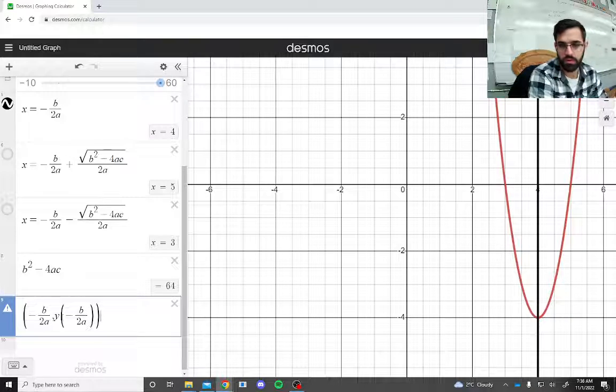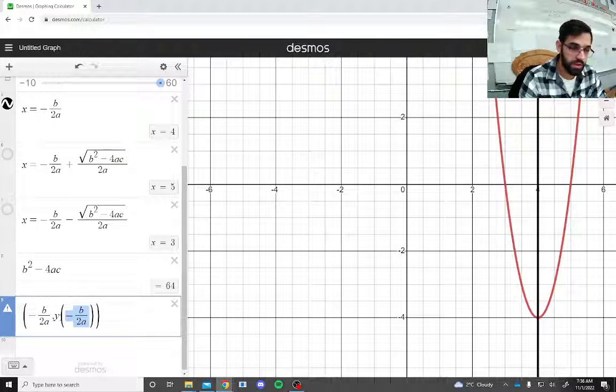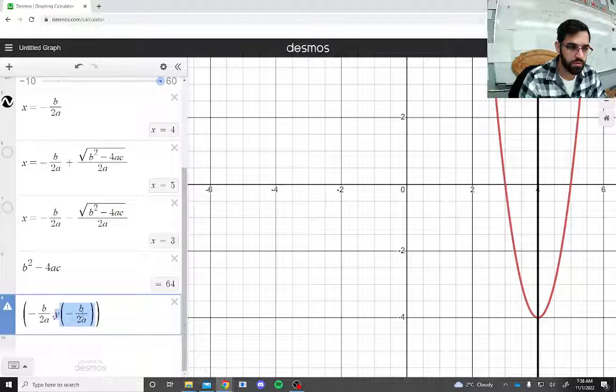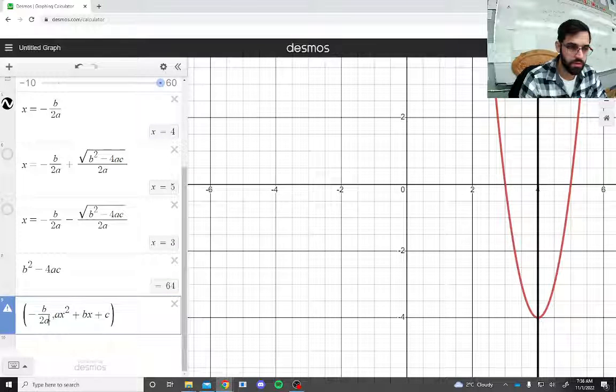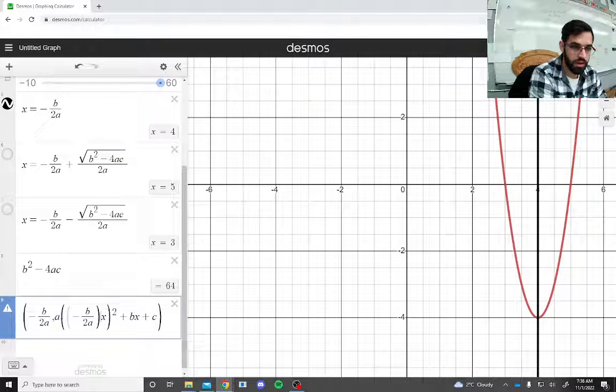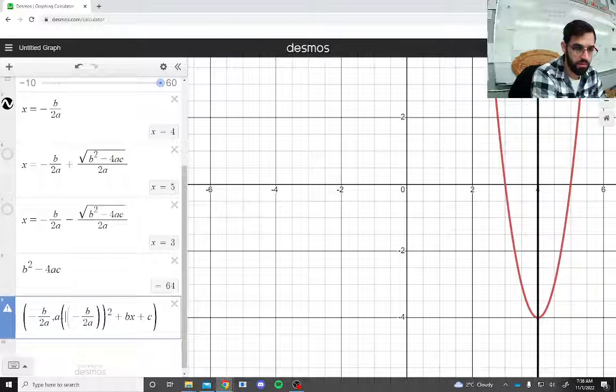Nope, doesn't like it. What we're going to do is write this right here, and we're going to take the x value and replace x with negative b over 2a everywhere.